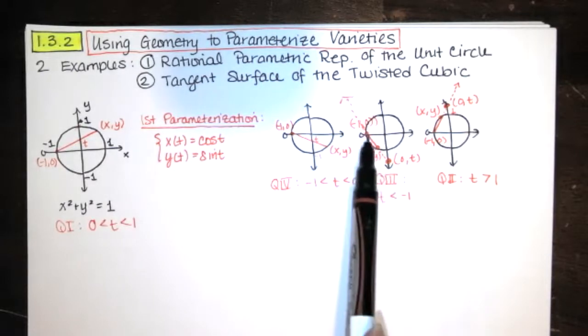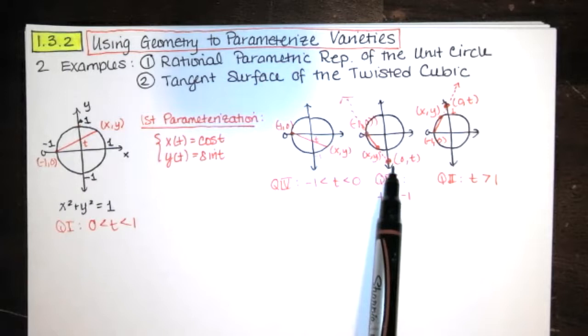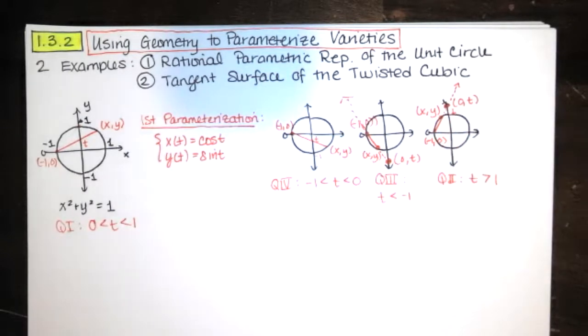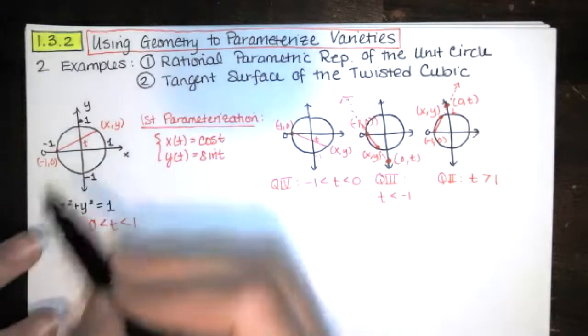Even over here, if we extend that line, we have x equals 0, y equals t. With this in mind, and some very simple geometry, and just some knowledge of slope, we can find a relationship between x, y, and t that will allow us to come up with this rational parametric representation of the unit circle.